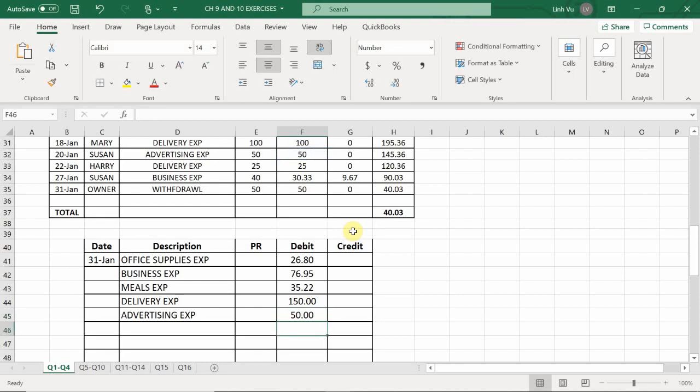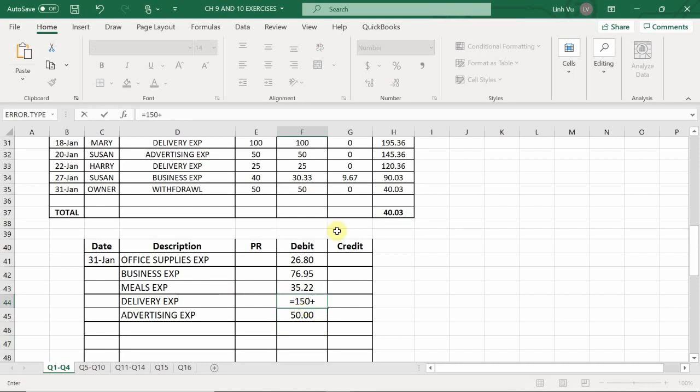Then we have Harry once again on the 22nd of January. He borrowed more money for another delivery expense. So delivery expenses, here it is. Okay. So we have 150 plus 25. Okay. Gives you 175.